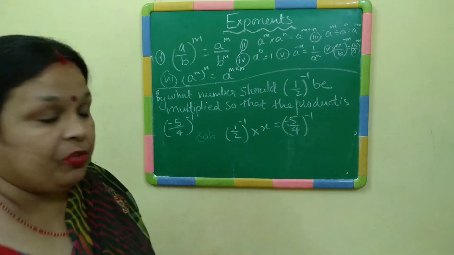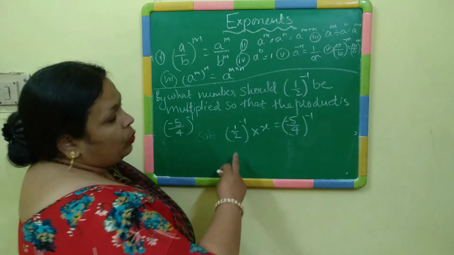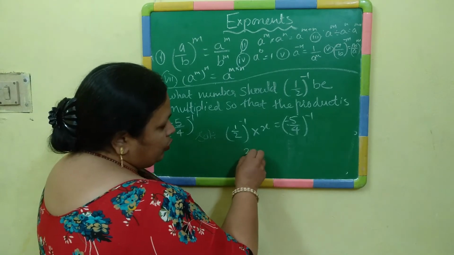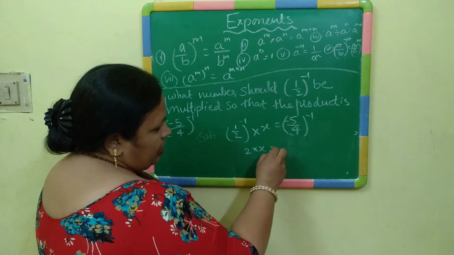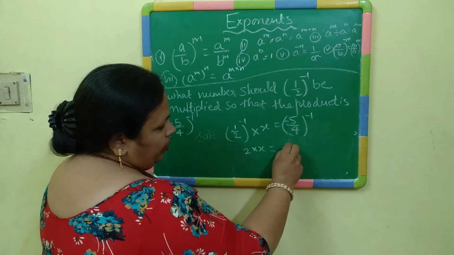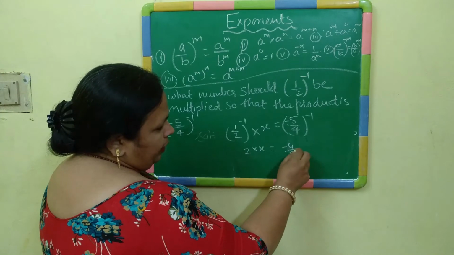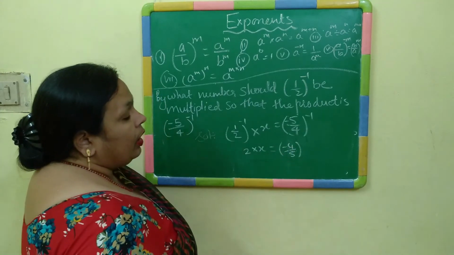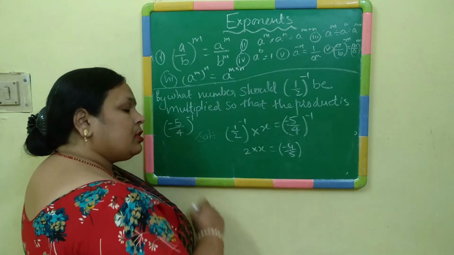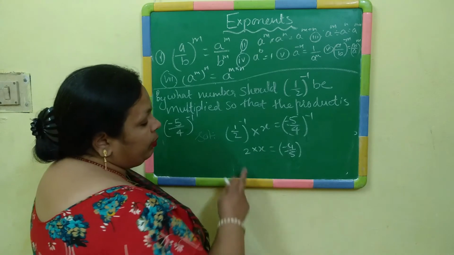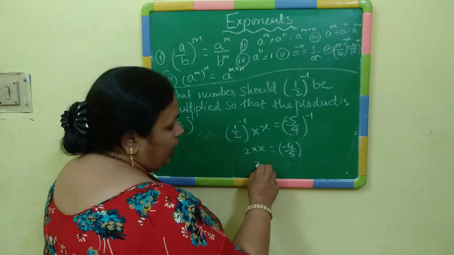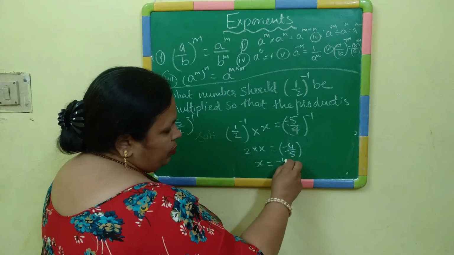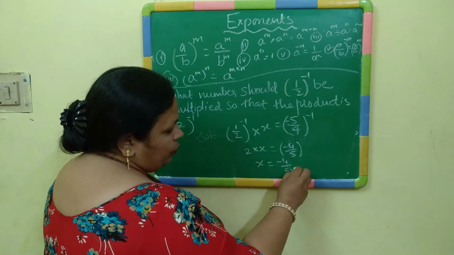Now using the laws, this will become 2 into x is equal to minus 4 by 5. Now to make x alone, we will be taking 2 towards this side. That is, x is equal to minus 4 by 5 into 2.